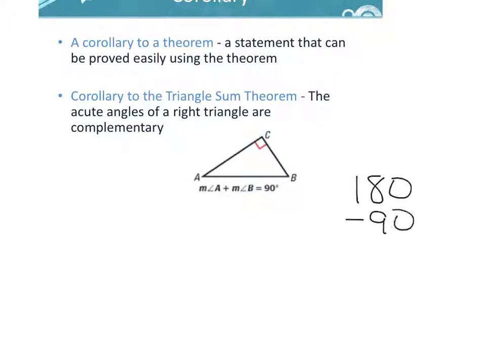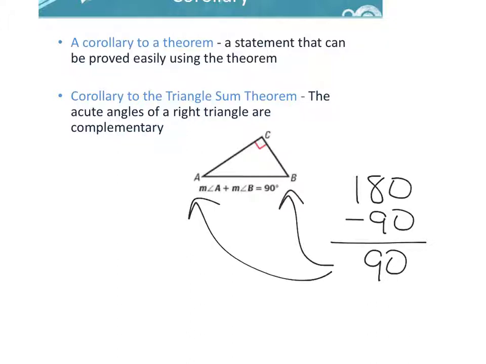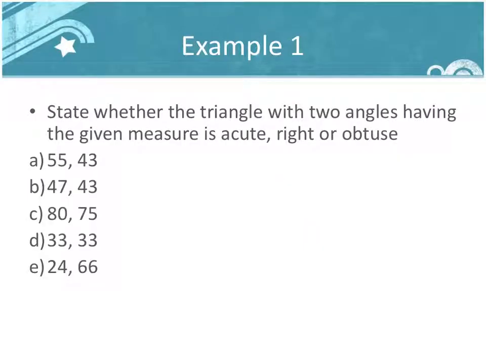Okay, so if I subtract that, that shows me that the amount that's left for the other 2 acute angles is also 90 degrees. So this is how we can transform the triangle sum theorem and create a corollary, and it states that the acute angles of a right triangle are complementary. So if you have a right triangle, know that the other 2 angles that are left also add up to be 90 degrees. Next slide.